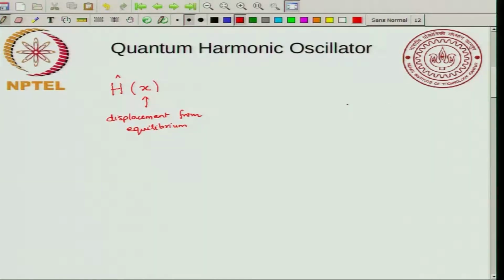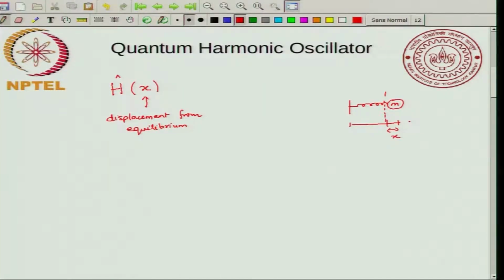You can think of a one dimensional harmonic oscillator as a spring mass system. So you have a mass, and there is some equilibrium length. The displacement from this equilibrium length is what is called x. If you just leave the spring, it comes to rest at some distance, and the displacement from that equilibrium position is what corresponds to the x variable.